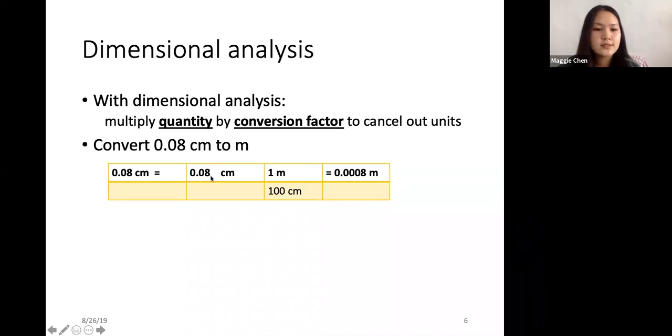So 0.08 centimeters times 1 meter all over 100 centimeters. The centimeters at the top would cancel out. We'd be left with the meter unit here, and our final answer would be 0.0008 meters. So this is how you would use our conversion factor to get to the final unit that we want.